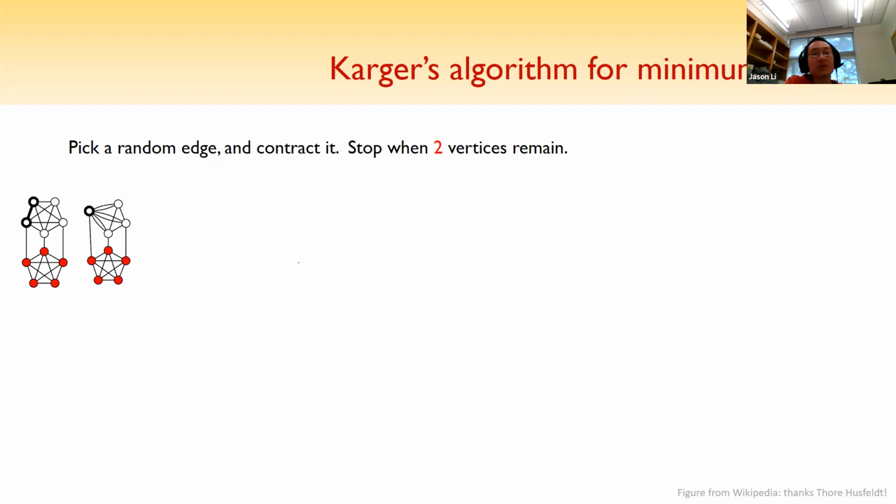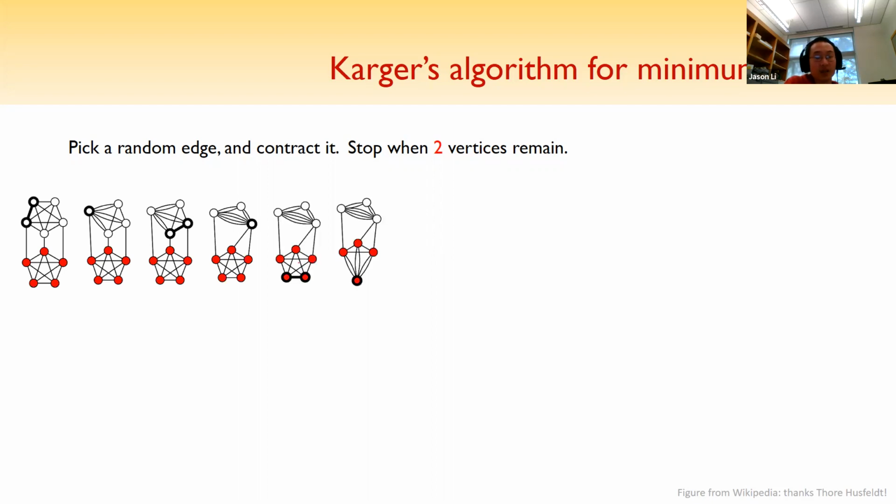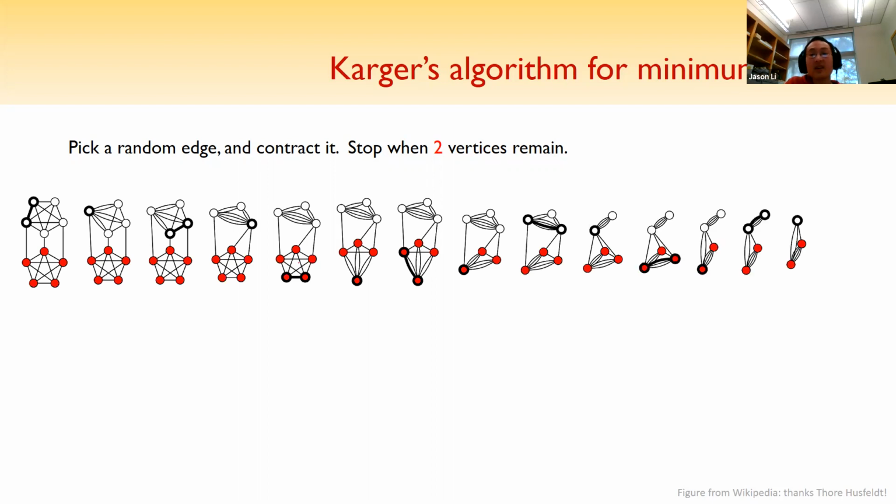So imagine that's our graph. Suppose it's unweighted for now, just to be simple. Now we pick a random edge to contract each time. So here are the edges that we contract. Ignore the red and white for now. And eventually we get down to 2 vertices.